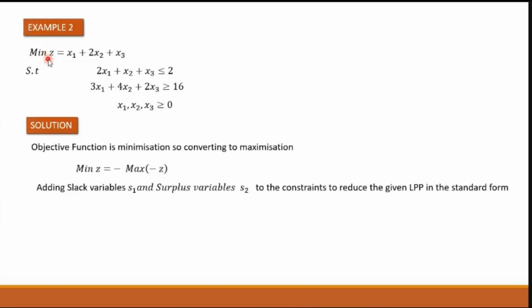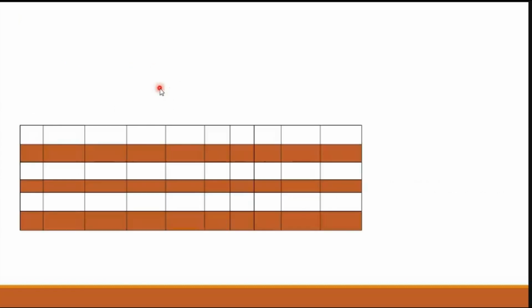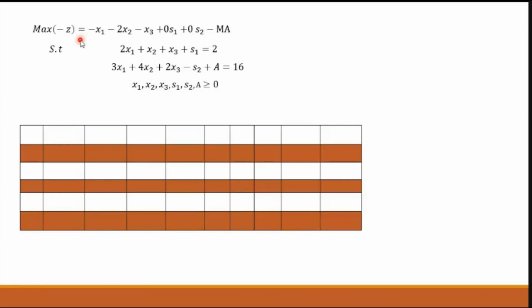Maximization of minus z मतलब z के बदले minus put करना है. We will get the maximization of minus z function. So I'll have minus x1 minus 2x2 minus x3. तो यहाँ पे S1, यहाँ पे minus S2 और A. First I'm writing it as minus z and then उसके बाद हमको slack variable add करना है, surplus variable subtract करना है, and once you subtract the surplus variable, add an artificial variable, give the cost as minus M, and the costs of S1, S2 are given as 0 in the objective function. And all the variables are greater than or equal to 0.